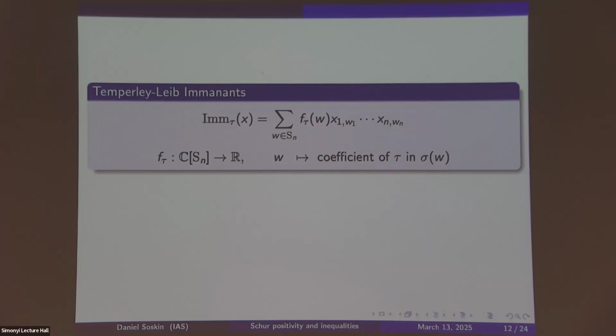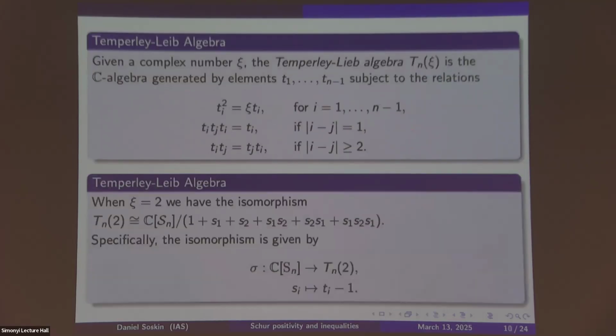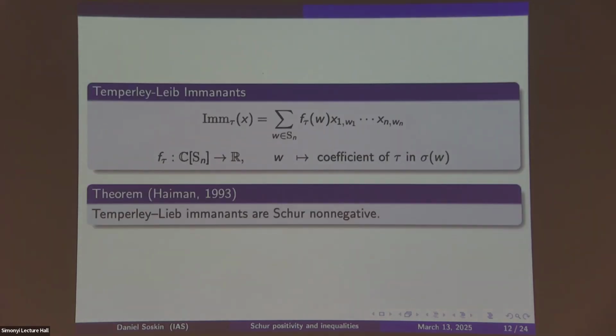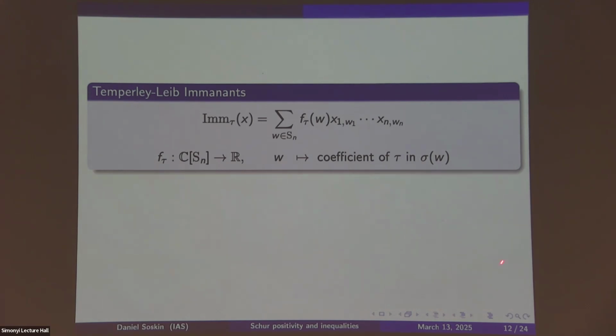Right. Sigma is your notation for reduced words? No, sigma is this map. So sigma sends si to ti minus 1. Can you go back to the formula? Yes. Where's the reduced word? Well, I haven't written a reduced word. We just have a permutation w. You can imagine it's a product of some si generators, right?